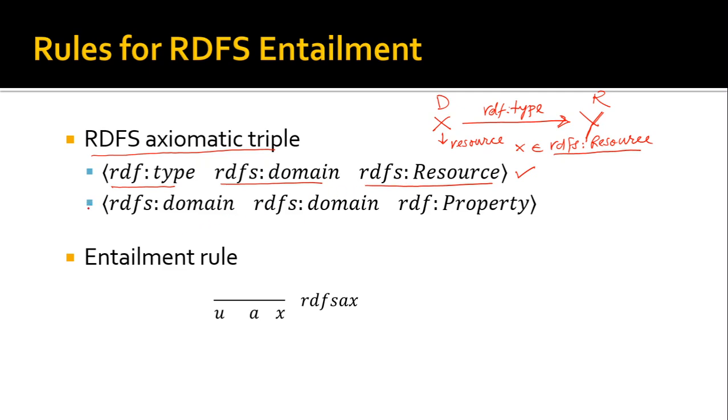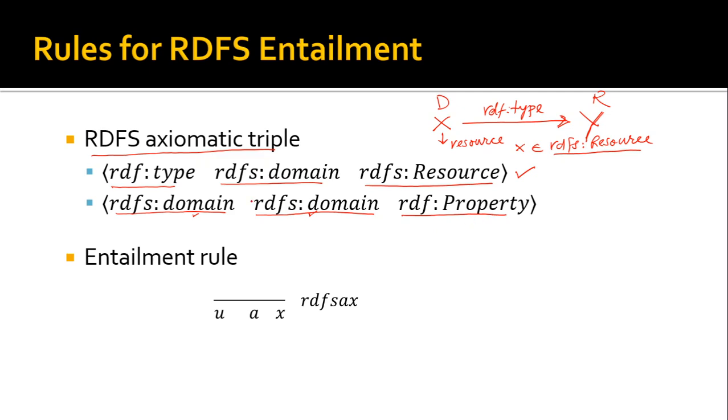Now let us check the next statement. What does this statement say? RDFS domain has got RDFS domain to be property. Now what do you mean by that? Again, I'm trying to reiterate the triple. RDFS domain has got RDFS domain to be a property.